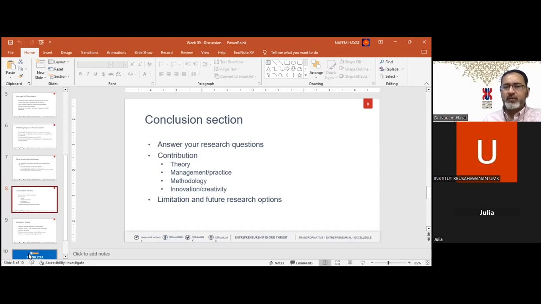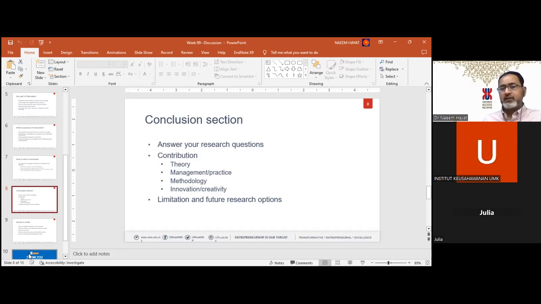Methodological contribution: sometimes we are doing something novel in the methodology, adding a new methodology, analysis, data analysis, or data collection, or maybe combining two different analytical strategies, or innovating some way in the method so that we can claim a contribution or implication for the methodology.